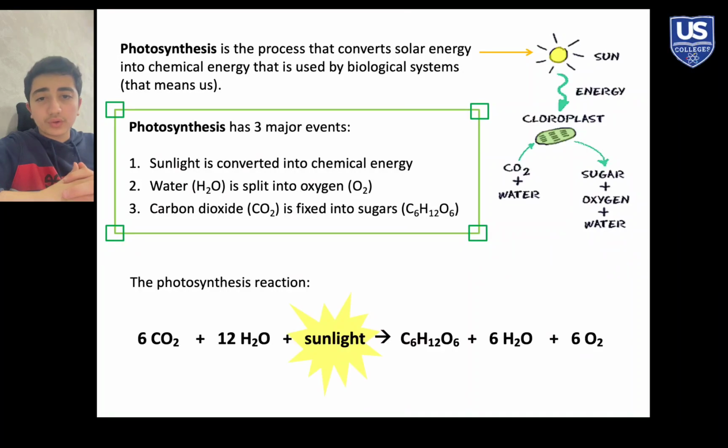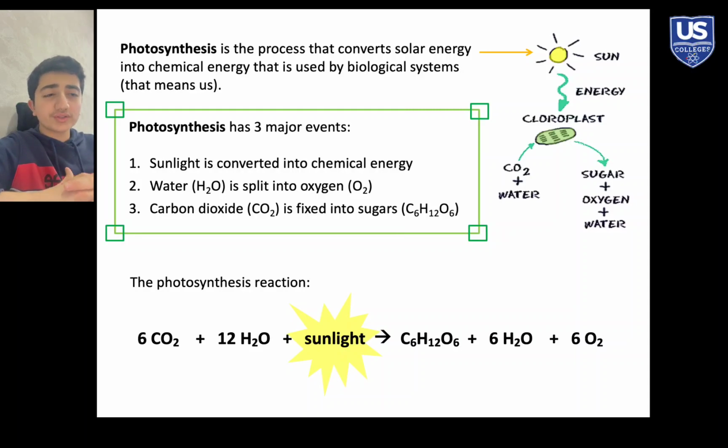CO2 will become oxygen inside the process, and we need water to help the process. CO2 and water will enter the plant through a structure called stomata. And after that, the oxygen and water will exit afterwards.